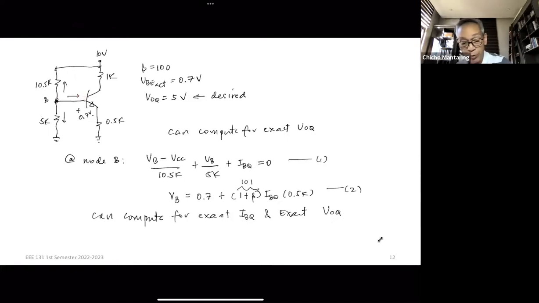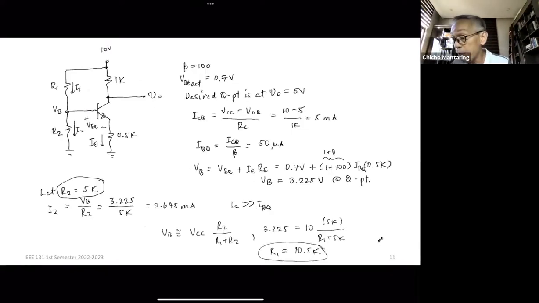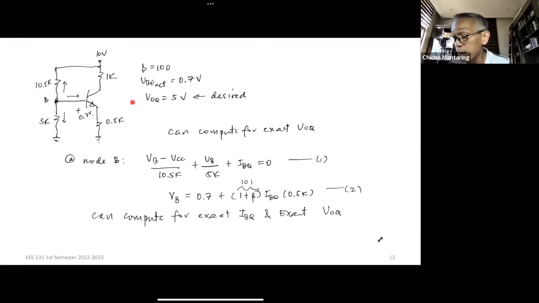So we don't have time to do that now, but you can do that on your own, and then you can compare now. No, how does the approximated value compare with the exact value when I actually set up this particular circuit? You're going to see that there's some difference, but from the perspective of biasing, the difference is not material, no?